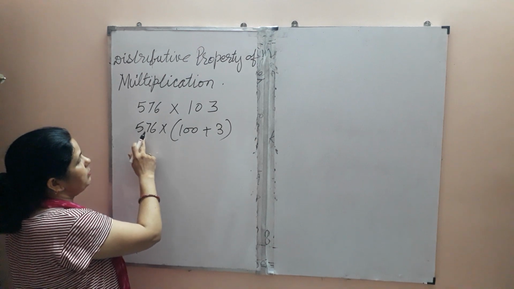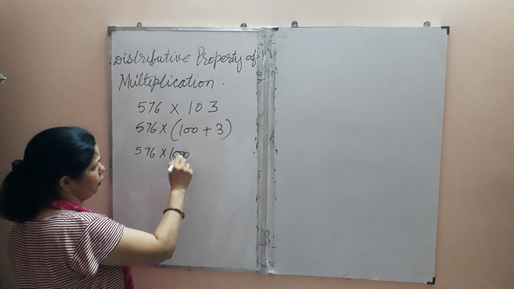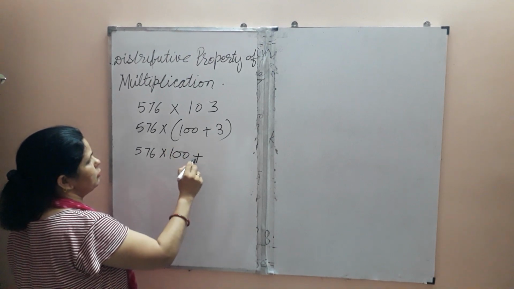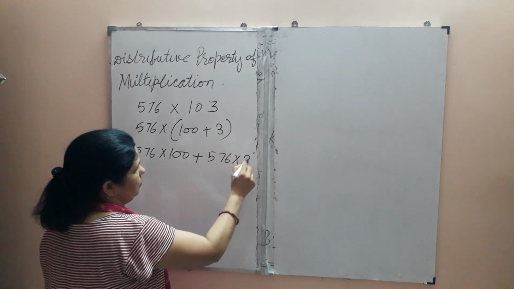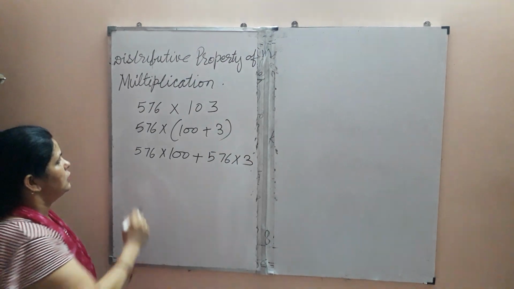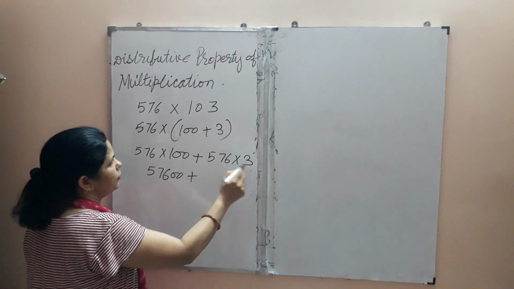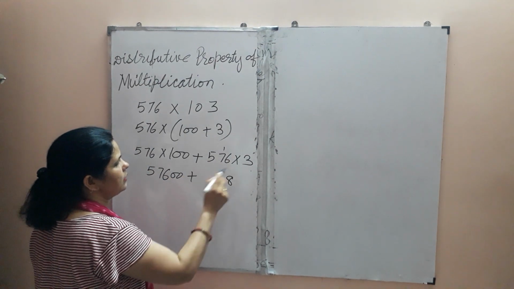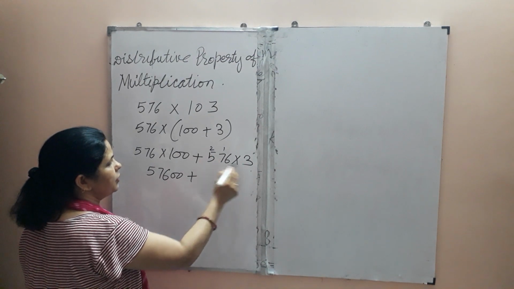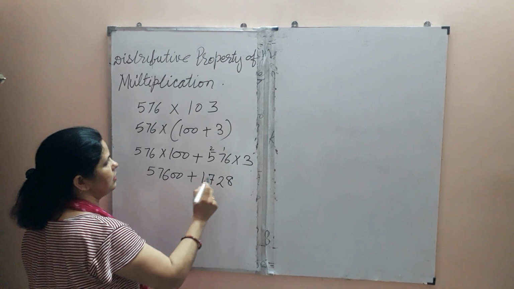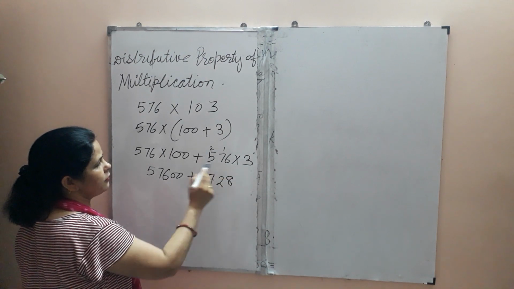So we will multiply 576 by 100 also, and then plus sign is there, we will put plus 576 by 3 also. Understood? So now 3 6s are 18, carry 1, 3 7s are 21 plus 1, 22, carry 2, 3 5s are 15 plus 2, 17.